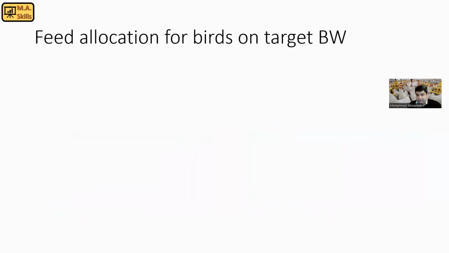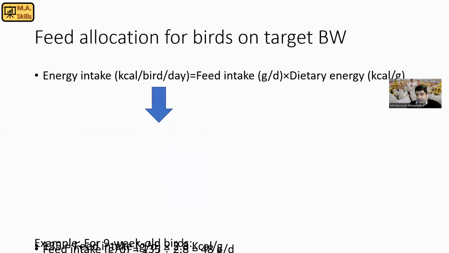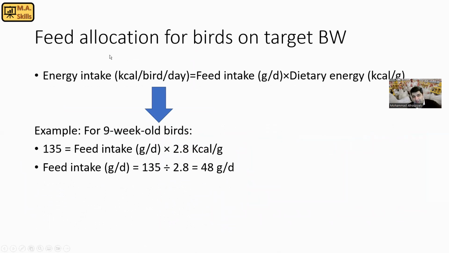In the previous slide, I calculated the feed allocation for birds on target body weight, which was a red curve. And I just used the values from the manual guide, which was 135 kilocalorie energy per bird per day. But if your birds are not on the target body weight, if they are under target body weight, in that case, you need to increase this value.